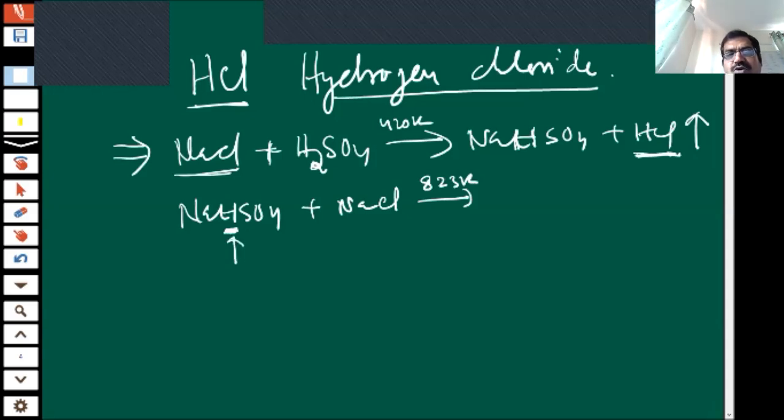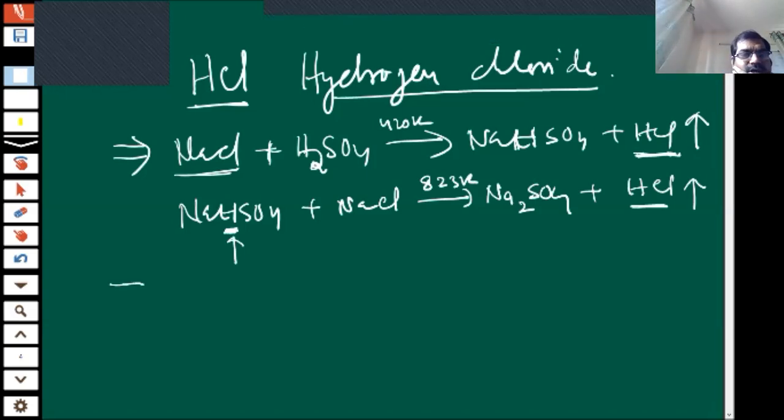That's why I told you removing the other H from sulfuric acid is very difficult. Then you will get Na2SO4, and because the temperature is very high, as soon as HCl gas forms, it will escape. So you have to remember this reaction.